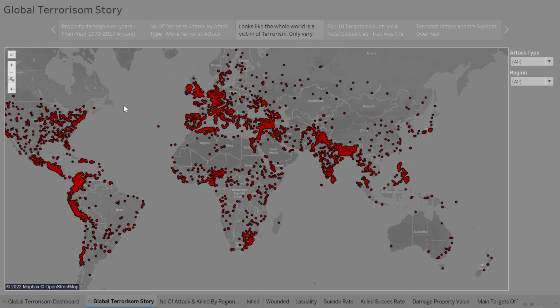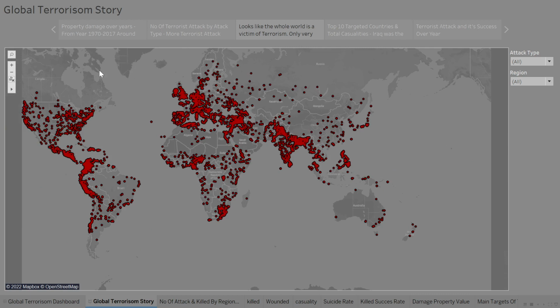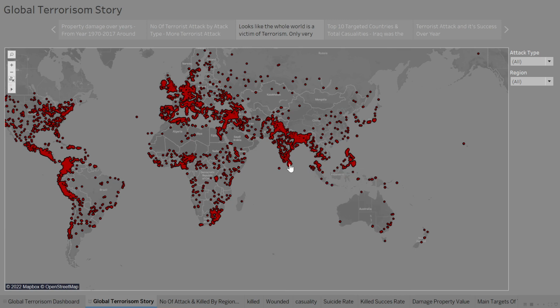Some countries have no terrorism happening there, but the rest of the world is under the clutches of terrorism. Sri Lanka, such a tiny nation, also Maldives. Iraq is also the most affected area. South America and North America are also affected.